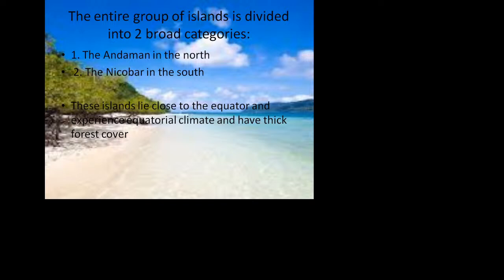Now, these islands lie close to the equator and experience equatorial climate and have thick forest cover. Now, let me define it. As I have told you the definition of island, an island is a body of land surrounded by water. The next is, now let's talk about the Andaman and the Nicobar Islands.